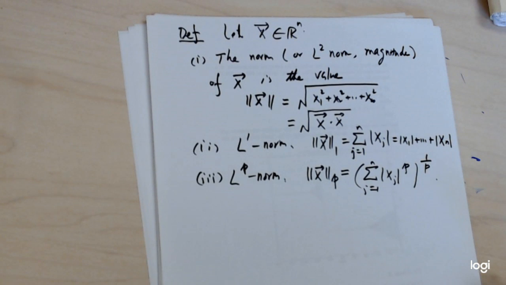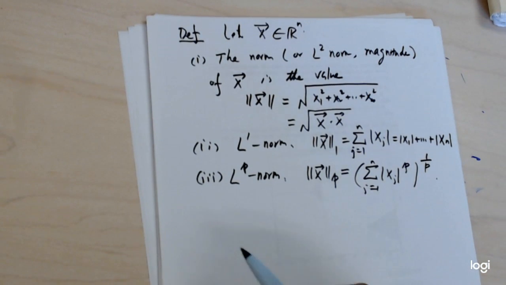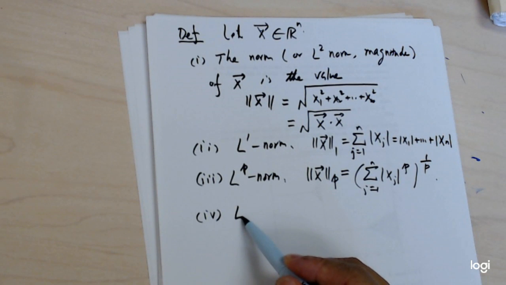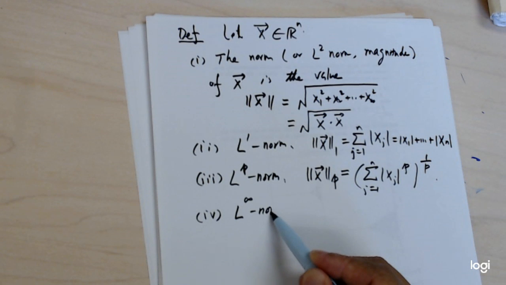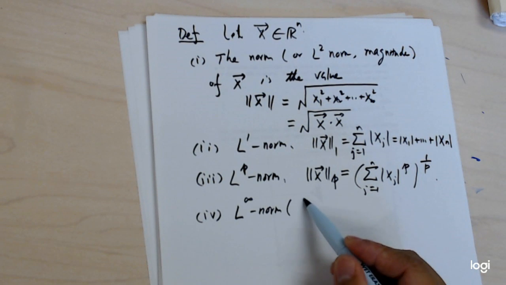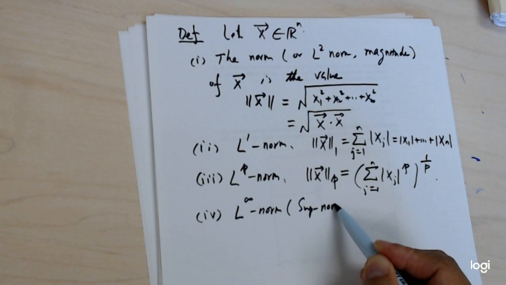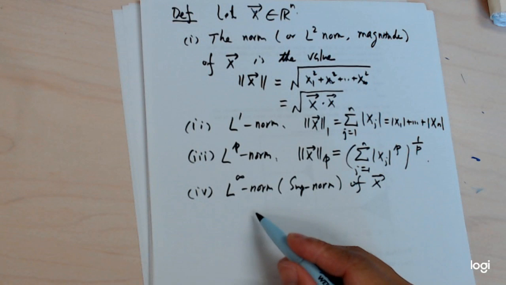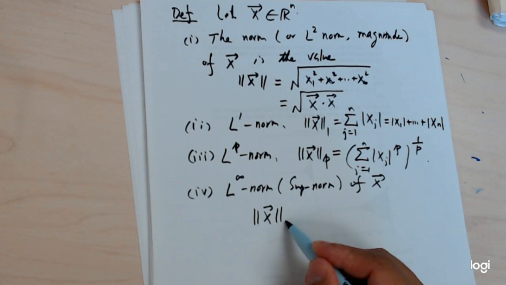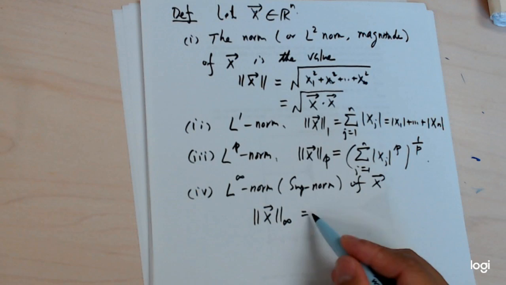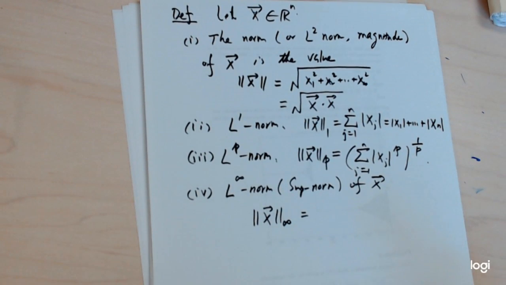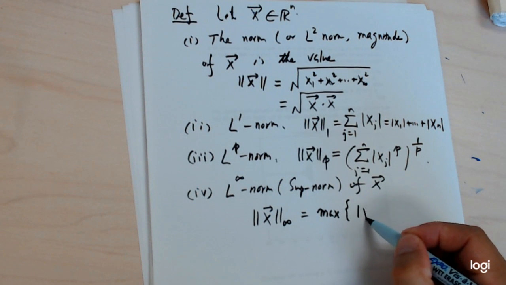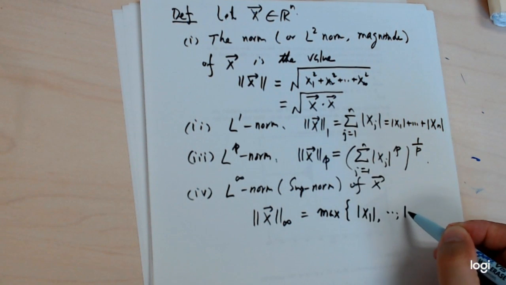So this is the Lp norm. Followed by the L infinity norm, or sometimes called the supremum norm of x. The notation for the L infinity norm is to put infinity here. The way that we measure the size is to use the maximum of the absolute values of the components.